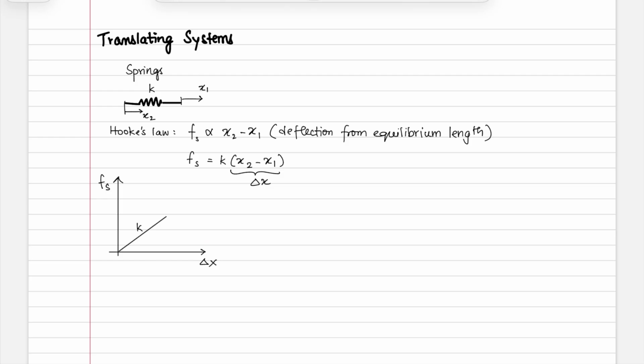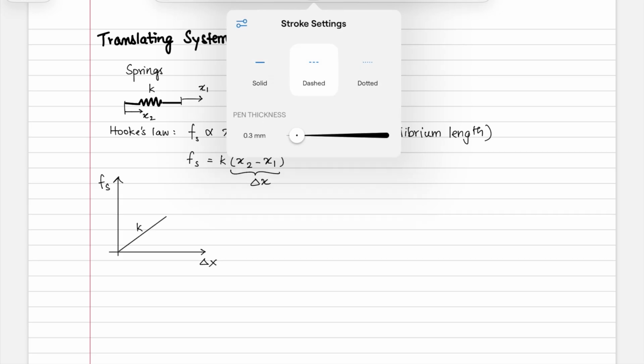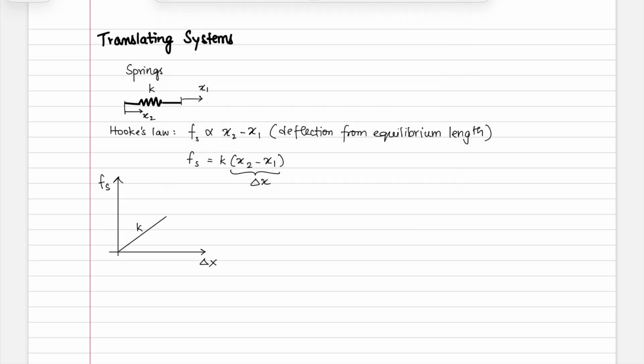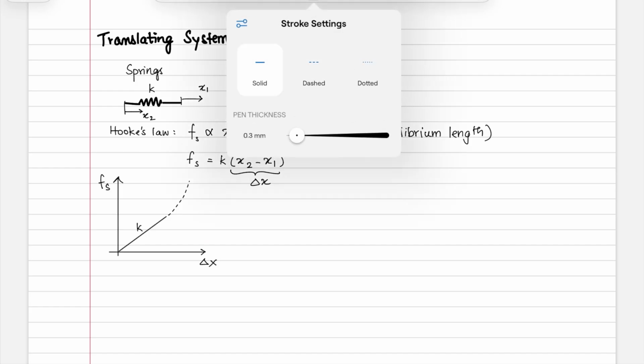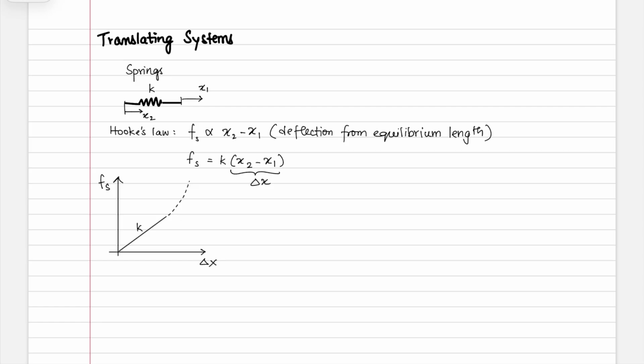Of course, this is an approximation. In reality, your spring will not have perfectly linear behavior. In fact, as your delta x increases, it'll be slightly exponential. But in this class, we are restricting ourselves to this region where it is linear.